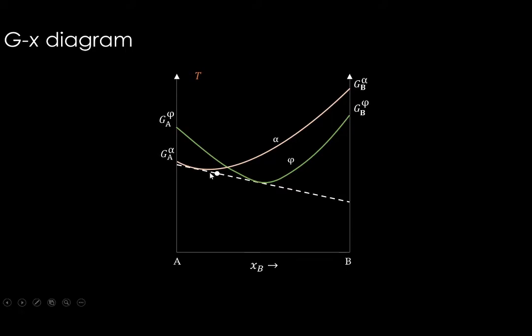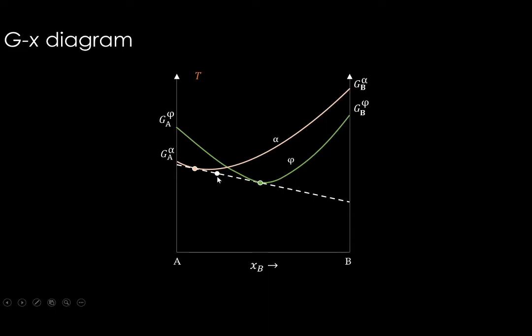If our overall composition is here, you can see that this particular composition of alpha and this particular composition of phi, if these two phases are in equilibrium, with a certain composition for alpha and a certain composition for phi existing together, then we get the lowest possible value. You can see the entire curve is above this tangent. All parts of the two curves are above this tangent.